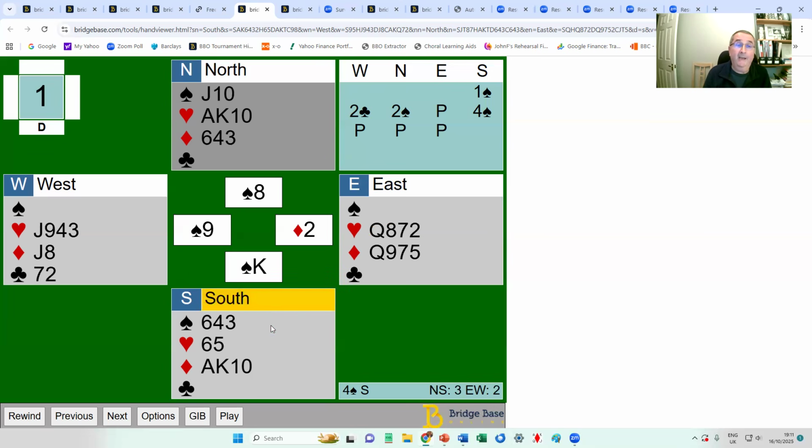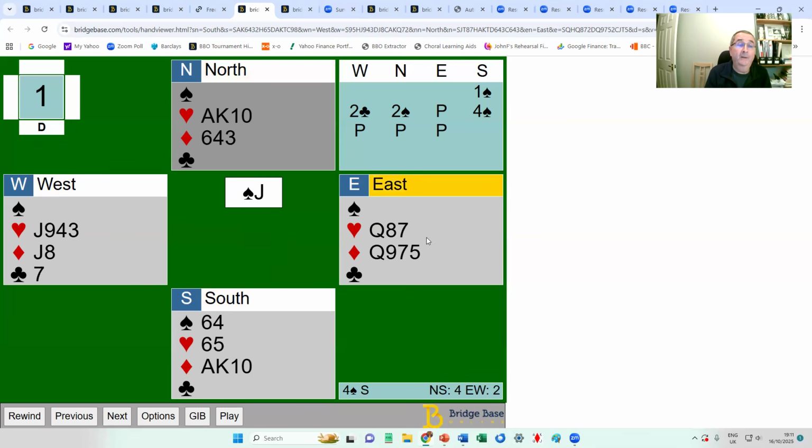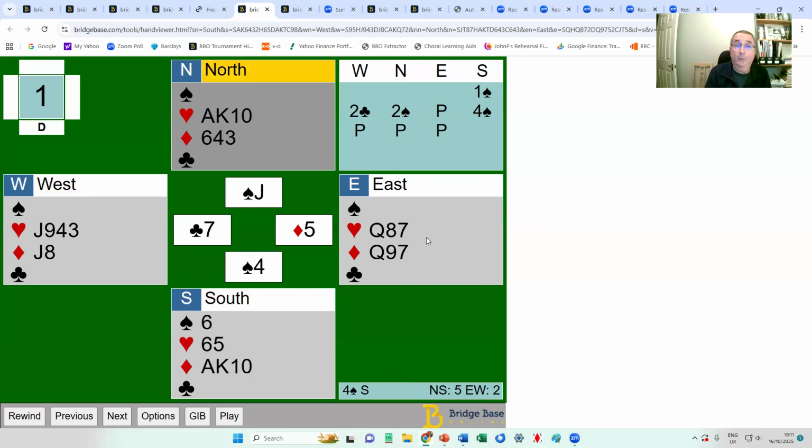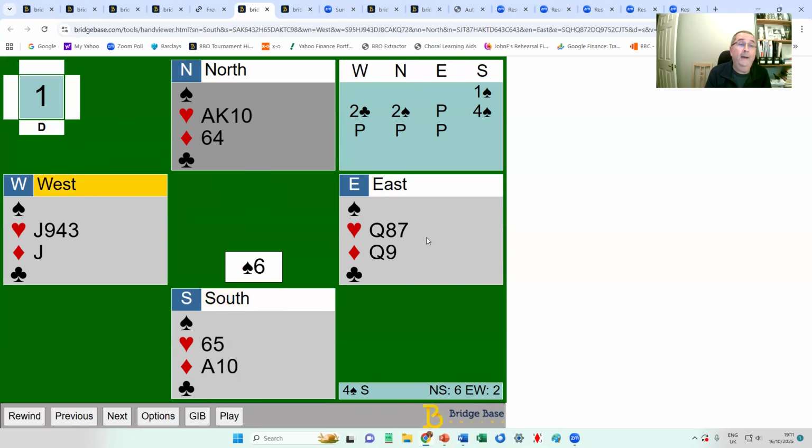And we're going to see that East actually has some difficulty in deciding what to discard. So as I play the spades, East might end up in this situation. Quite important here to now cash your very last spade to put the maximum pressure on East. So I'm going to play the King of Diamonds to get back to my hand and cash the last trump.